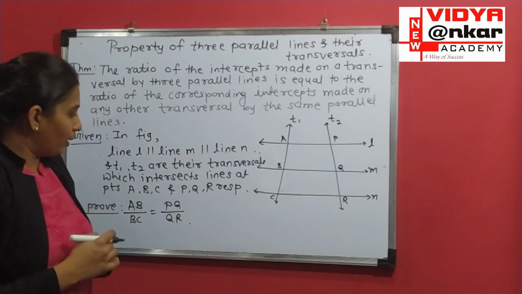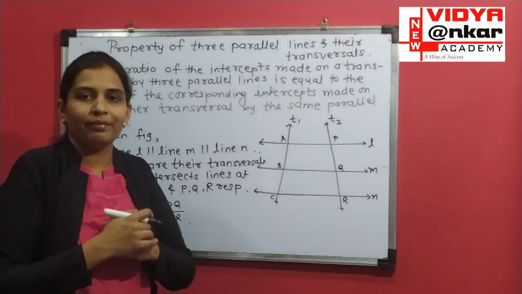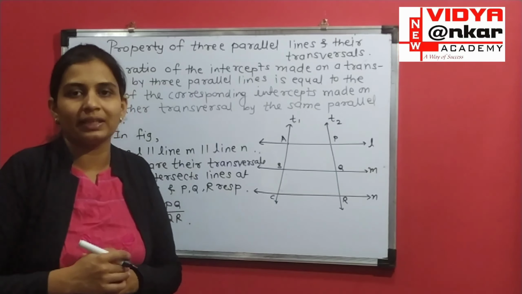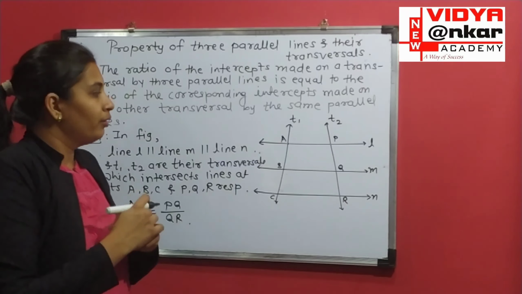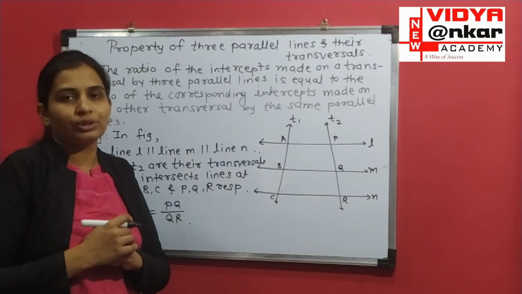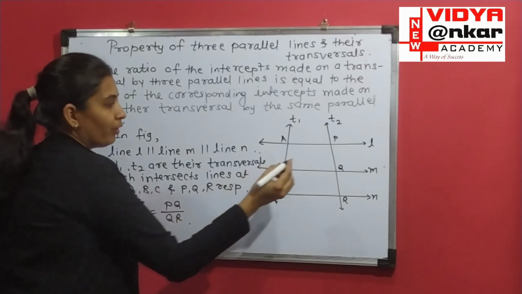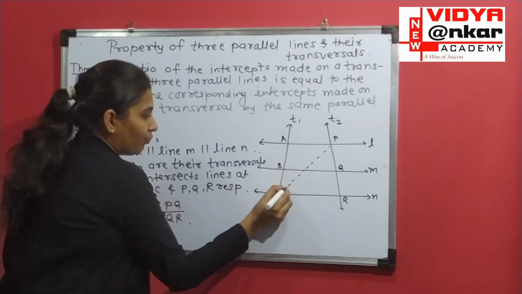Okay. Now students, again our previous knowledge is the angle bisector theorem and the basic proportionality theorem. So here we will use the basic proportionality theorem. We must need a triangle first.